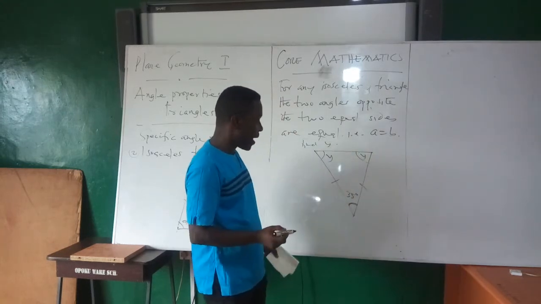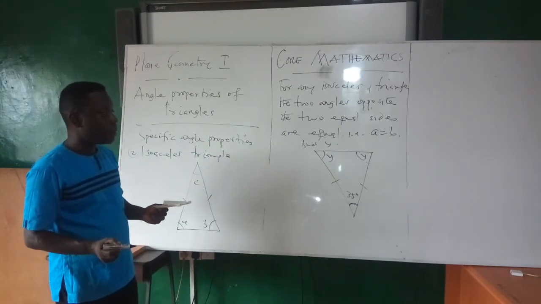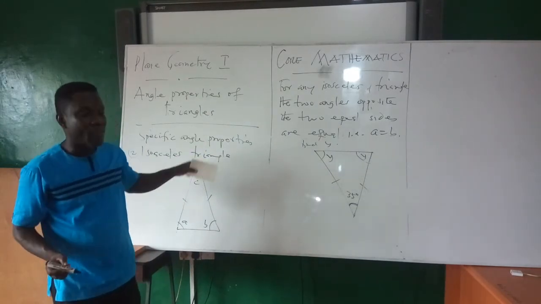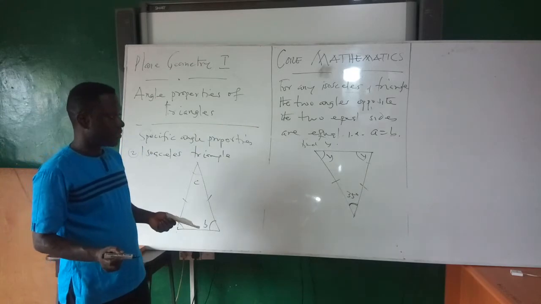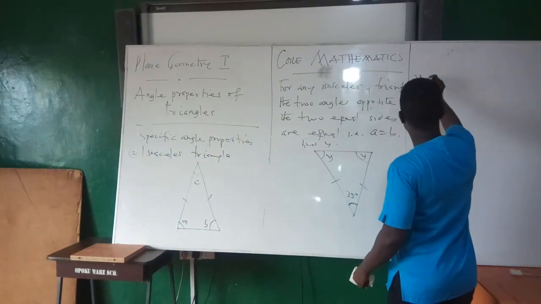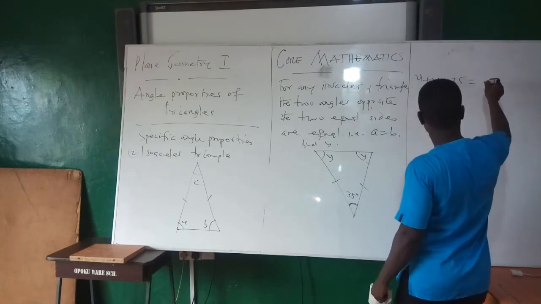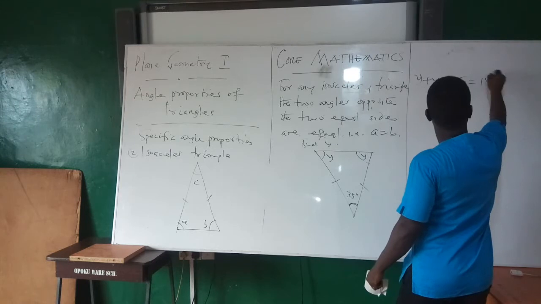And then from the first general property we learned, the sum of the interior angles is 180. So from this triangle, I can simply say that y plus y plus 35 is equal to 180 degrees.